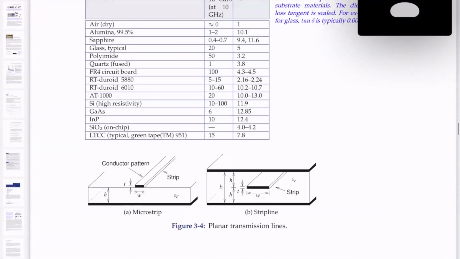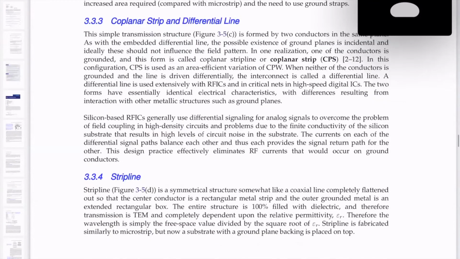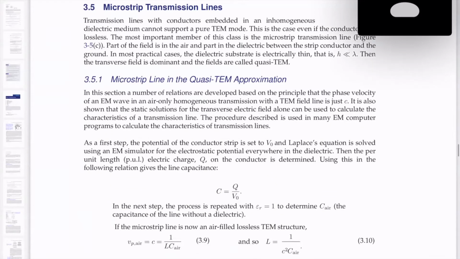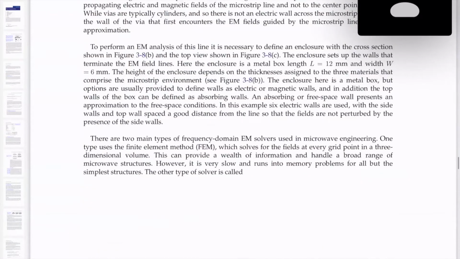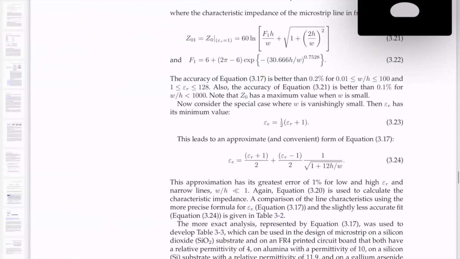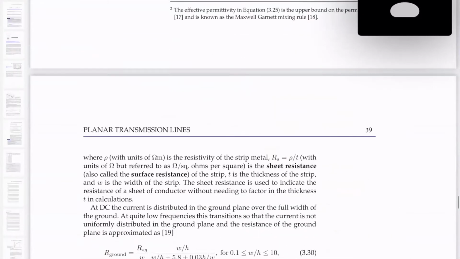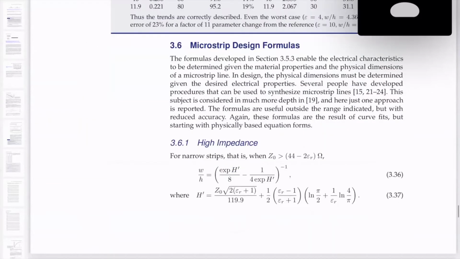So section 3.6, if you go and look at, just read it even briefly, you will see 3.5 is microstrip, and then 3.6 specifically, microstrip design formulas.